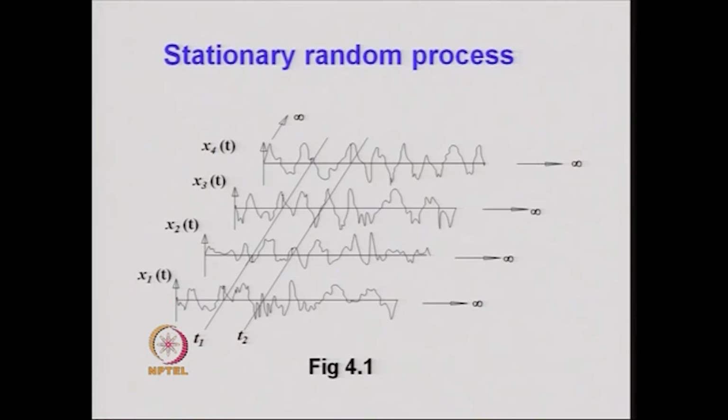t is the parameter, and the meaning of a parametered random variable is that at any instant of time t, x(t) itself is a random variable.